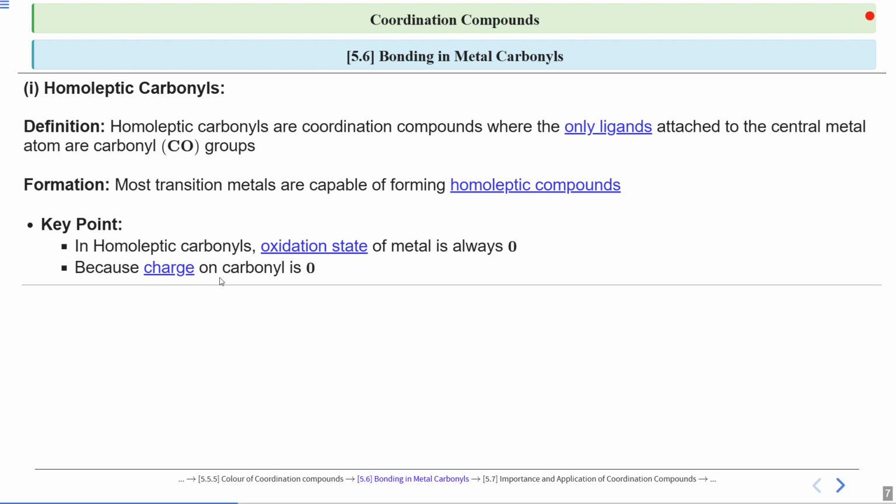So this is the key point: when you take the example of a homoleptic carbonyl where the central metal is only attached with the same ligand, that is the carbonyl group, the oxidation state of the metal here is always 0, because the charge on the carbonyl itself is 0, which is why the oxidation state of the metal will be the lowest possible, or 0.